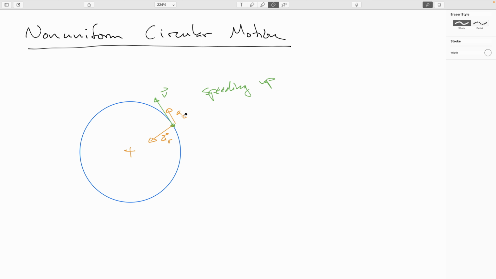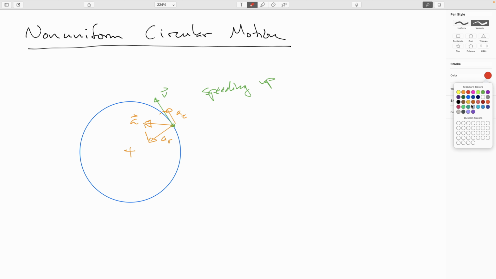Actually, I will drop the vector signs there. So the net acceleration, using the parallelogram rule here, would be pointing ahead of the center of the circle. If you're slowing down, the tangential component of the acceleration would be pointing anti-parallel to the velocity. And that would mean that the acceleration would be pointing towards the back.